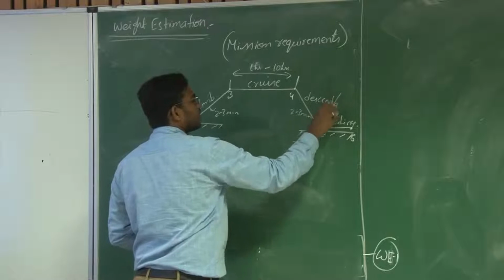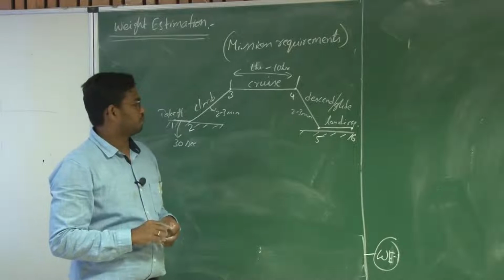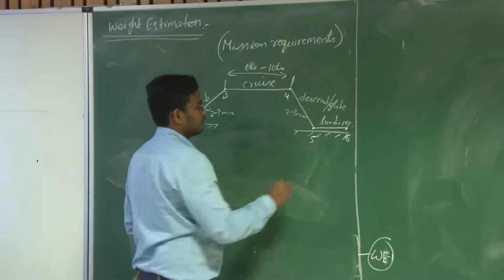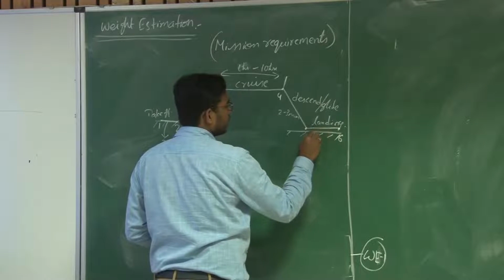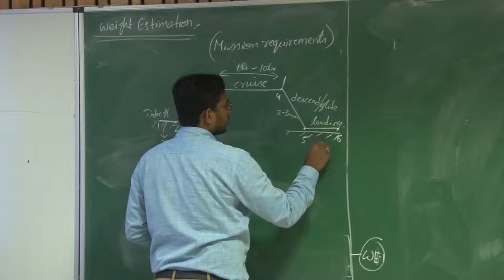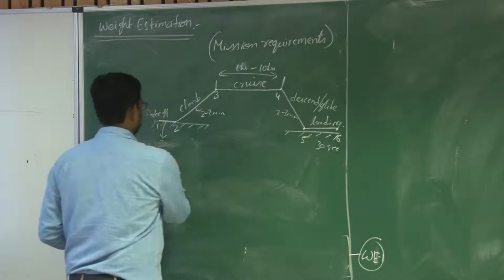Descent will generally be a gliding flight, where the fuel consumption is very minimal. Once you have landed, it may take around 30 seconds, or 0.5 minute.